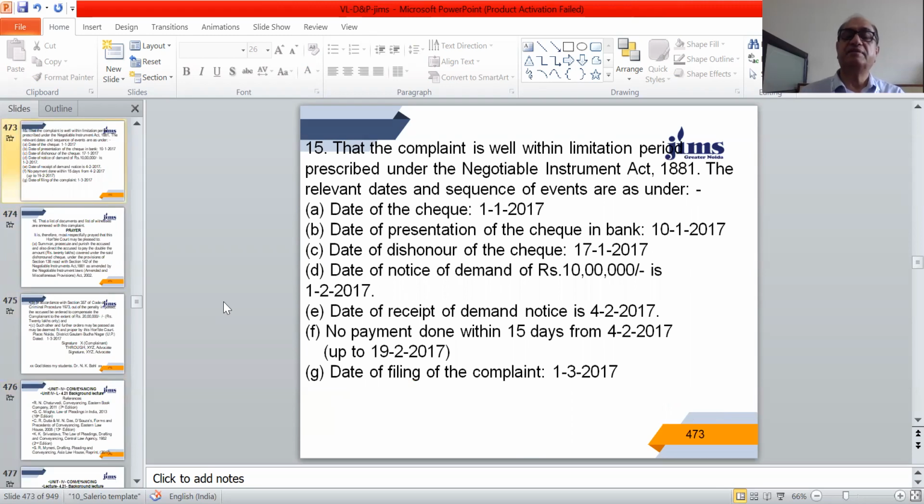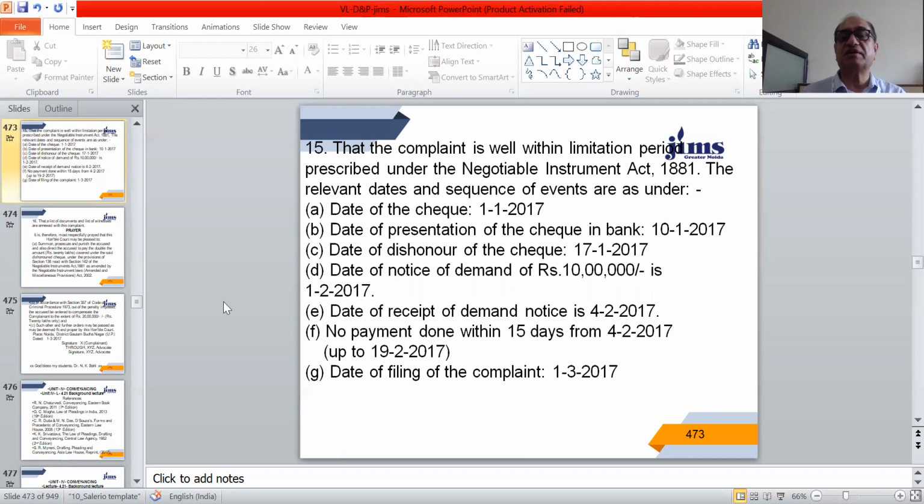Para 15 gives the summary of the entire complaint, that the complaint is well within the limitation period prescribed under the Negotiable Instrument Act. The relevant dates and sequence of events are as under: A. Date of check was 1st January 2017. Date of presentation of the check in bank was 10th January. Yes, it can be presented within 3 months.